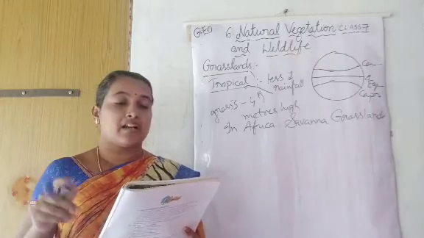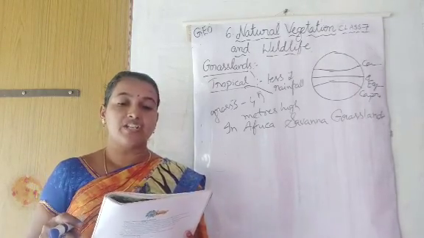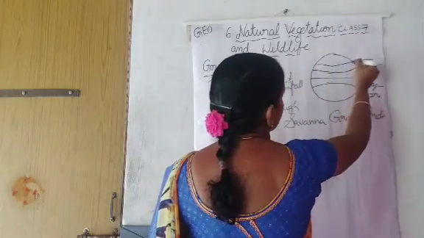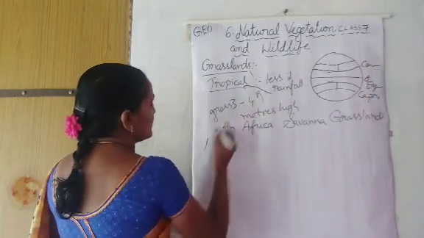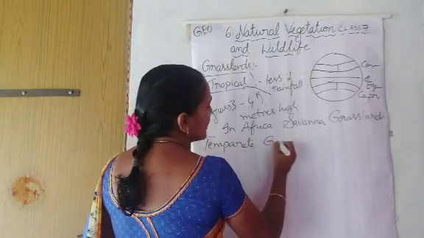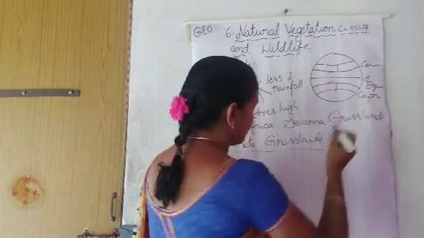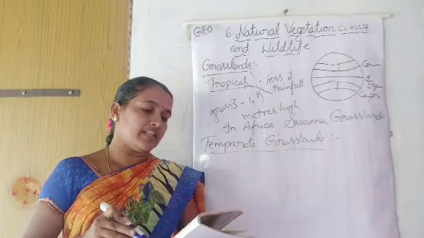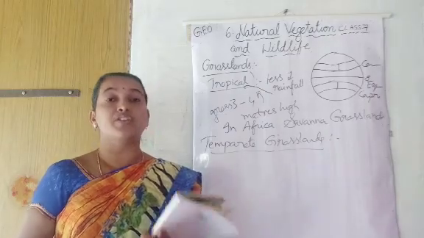Next, temperate grasslands. These are found in the mid-latitudinal zones in the interior part of the continents. So in the mid-latitudinal zones, that means up to here and here. The first one was tropical grasslands. Now this is temperate grasslands. Usually, grass here is short and nutritious.